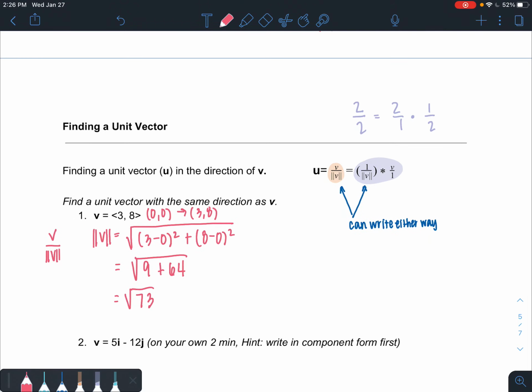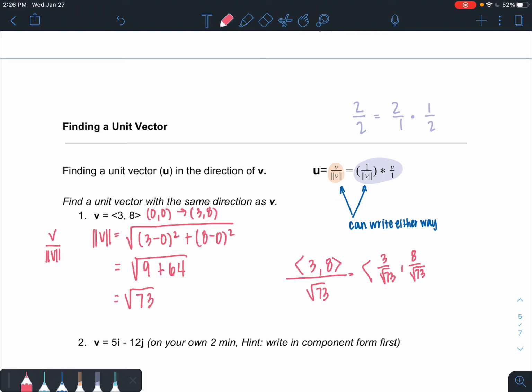So then we divide 3, 8 by radical 73, which gives 3 over radical 73, 8 over radical 73.